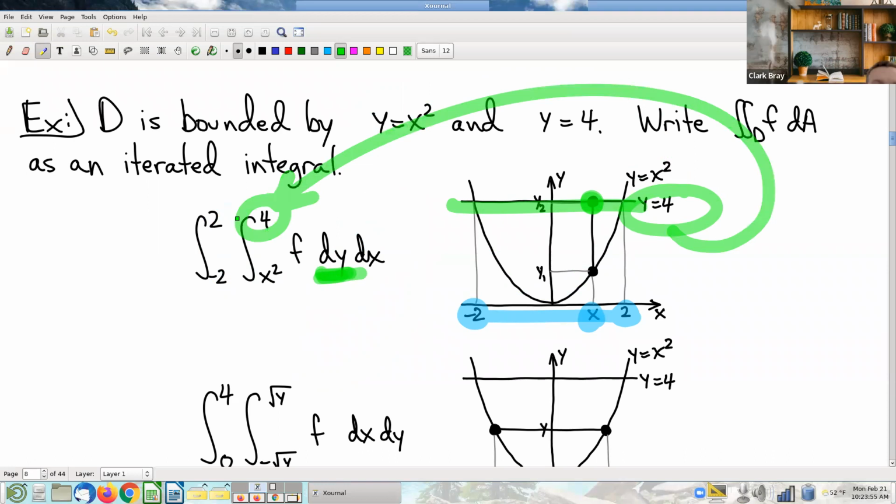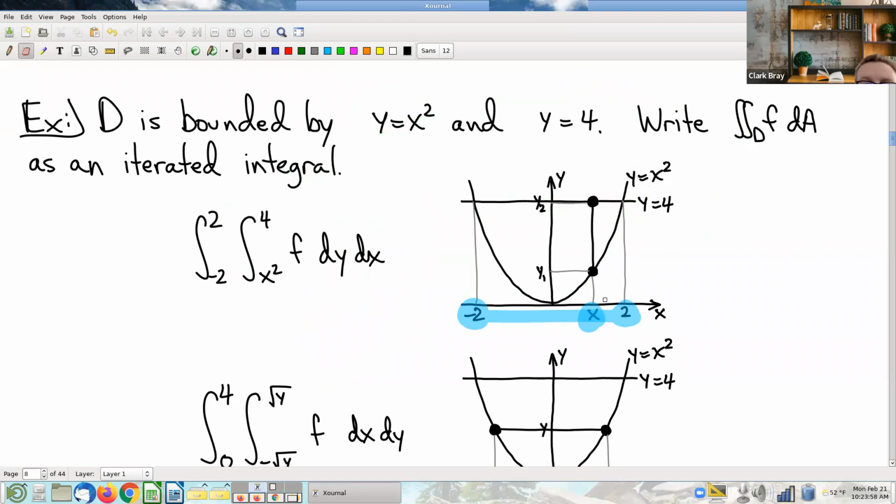Yes? If you were trying to picture this, is there a reason you have to pick 4 as the top bound and x as the lower bound? Yeah, absolutely. We're going so y is going that way, right?